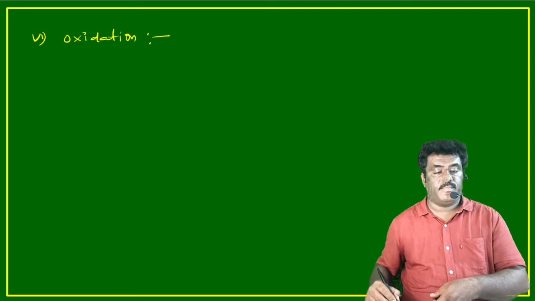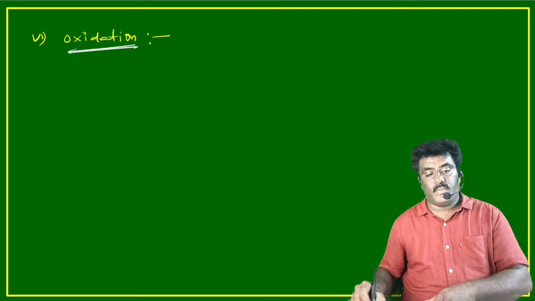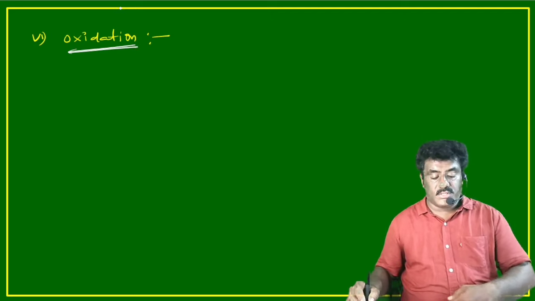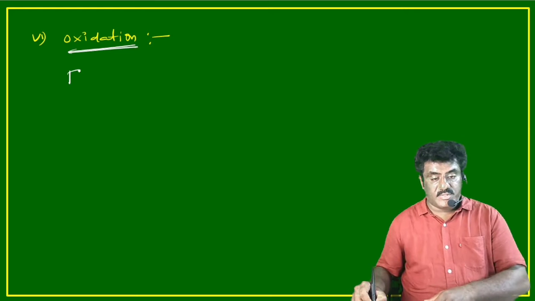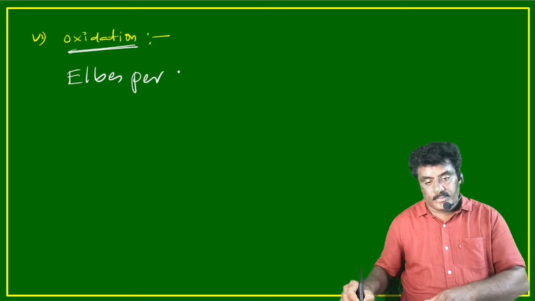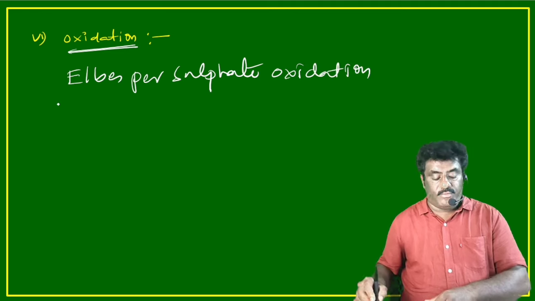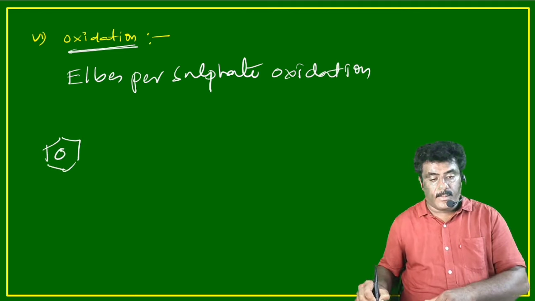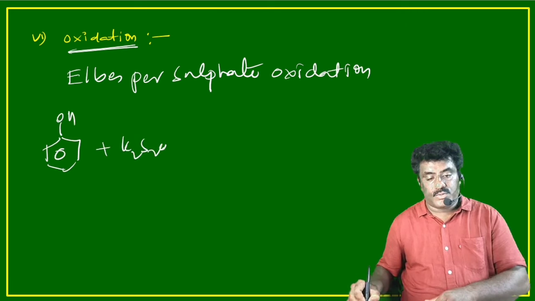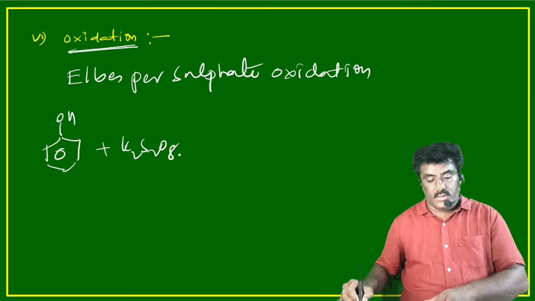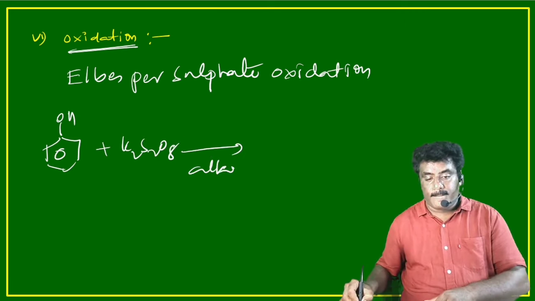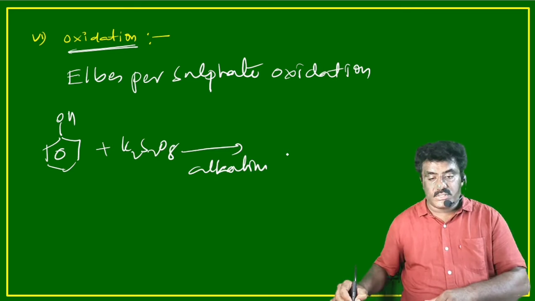Next is the oxidation. In oxidation, the Elbs persulfate oxidation: phenol with K2S2O8 in alkaline medium gives quinol.